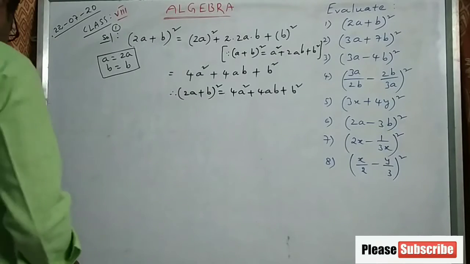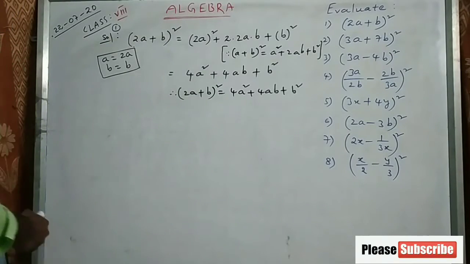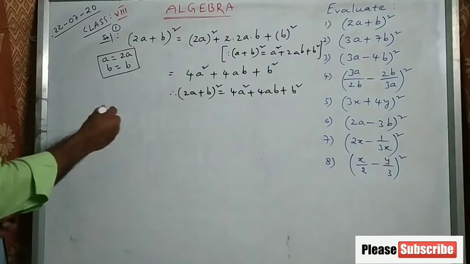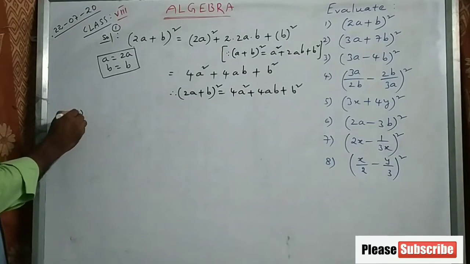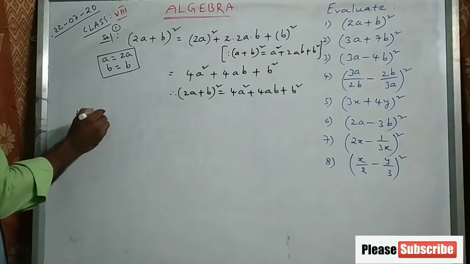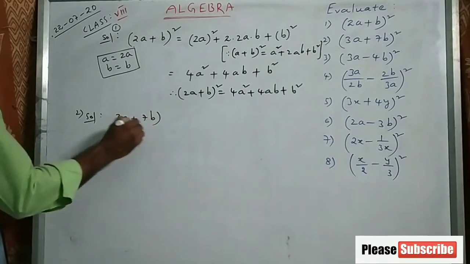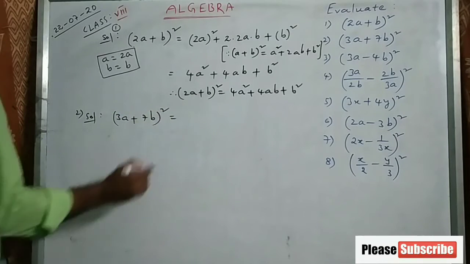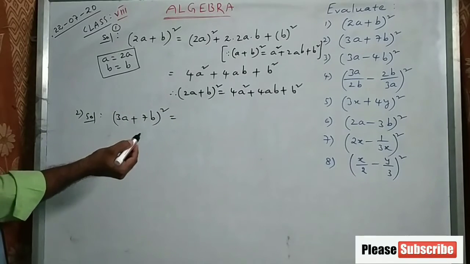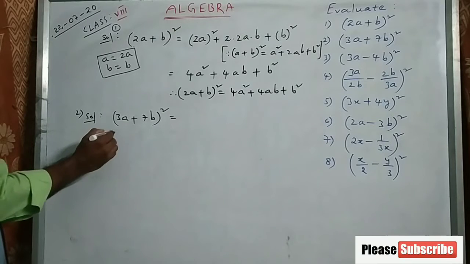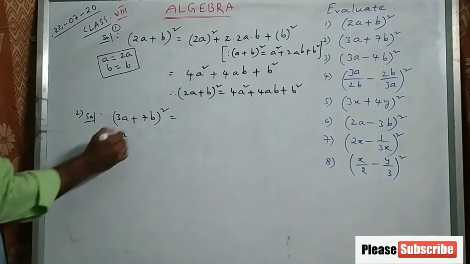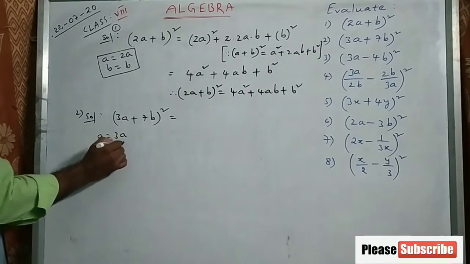Now look at the second one. That is also the same (a plus b) whole square formula. Second solution: (3a plus 7b) whole square. It is the (a plus b) whole square form, but in the place of a we have 3a, in place of b we have 7b, right?